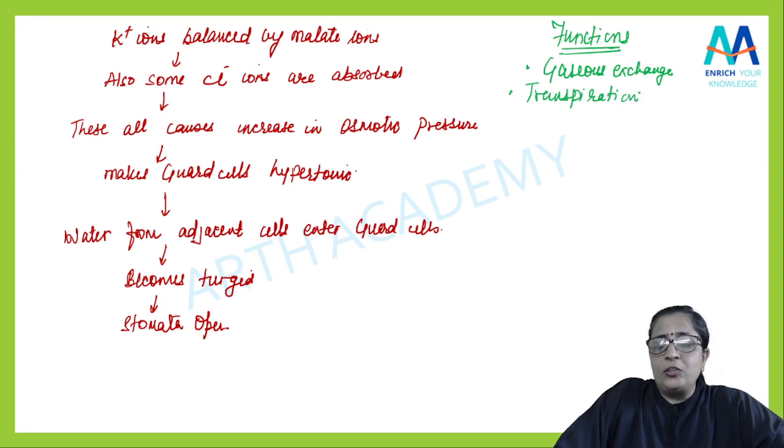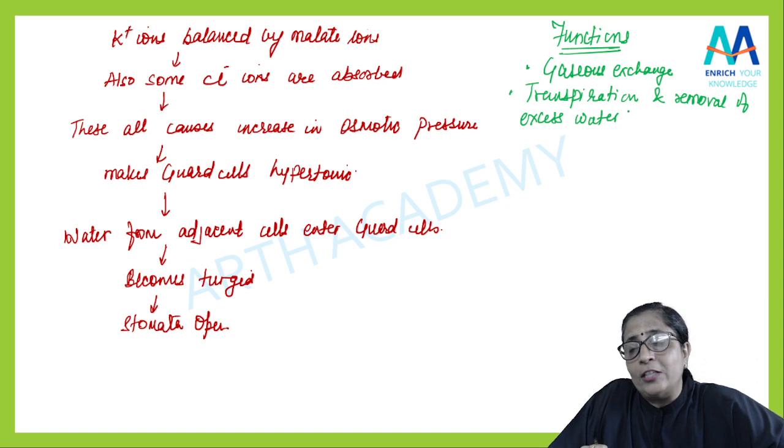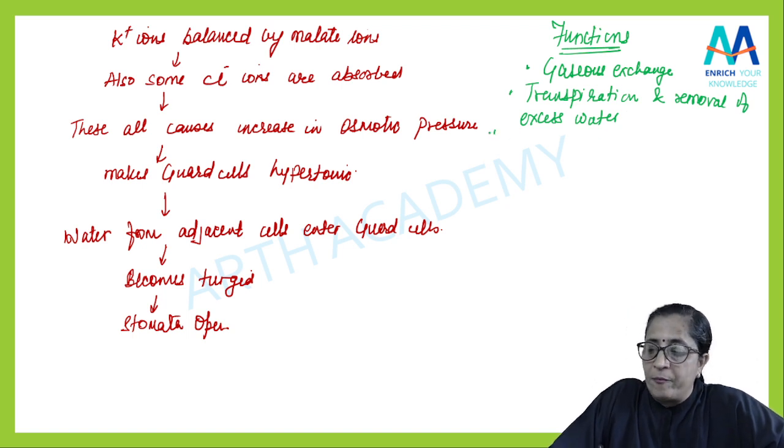है ना, transpiration and removal of, in that way it can remove excess of water. रिमूवल ऑफ एक्सेस वाटर, ज्यादा का जो पानी यदि सपोज प्लांट के अंदर है, उसको वो ट्रांसपिरेशन के थ्रू बाहर निकाल देगा. In that way we can say that it maintains what?